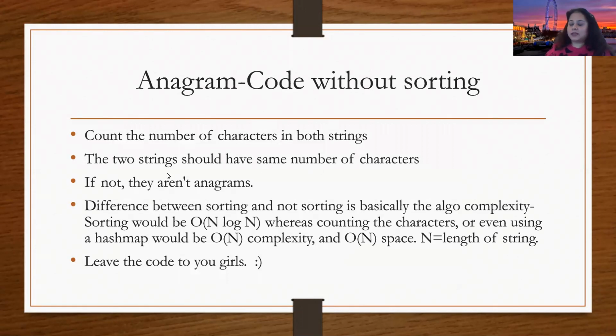So that is the algorithm you would use to compare the strings without sorting. We know that the two strings should have the same number of characters. So essentially it's about looping through the characters in the string, counting the number of characters, and then storing the count of the characters somewhere for one string.